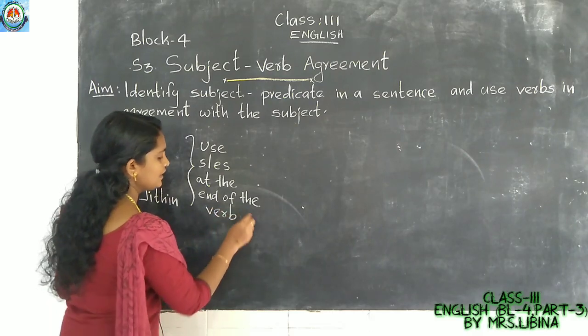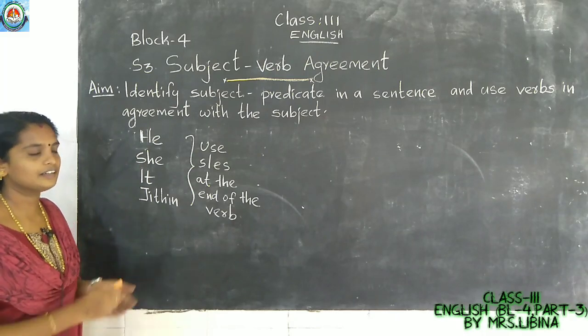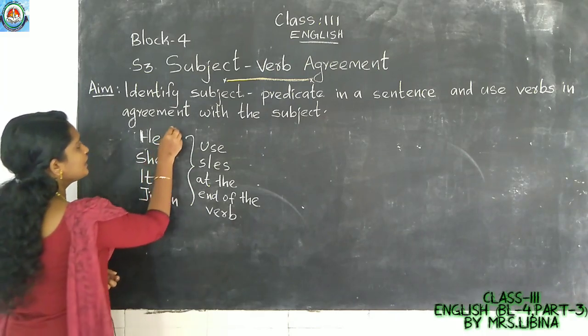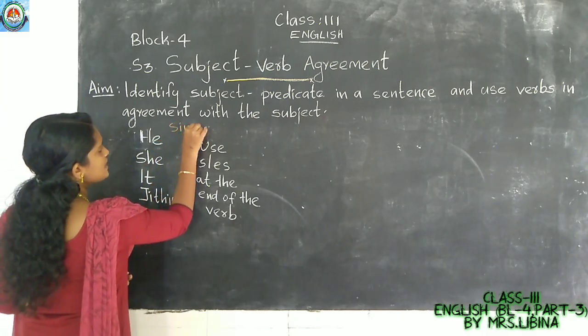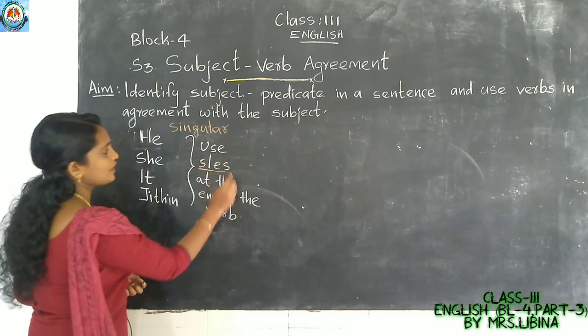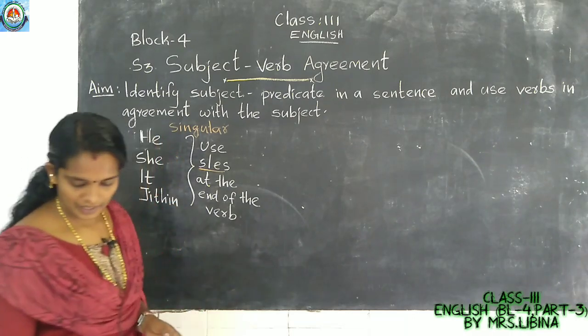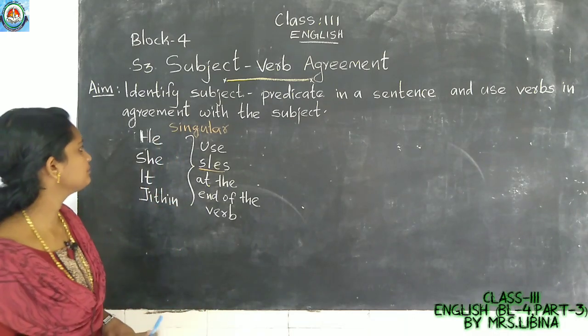Listen here. That means if the subject is singular, you have to notice the word. If the subject is singular, you have to add S or ES at the end of the verb. I will give some examples for you.